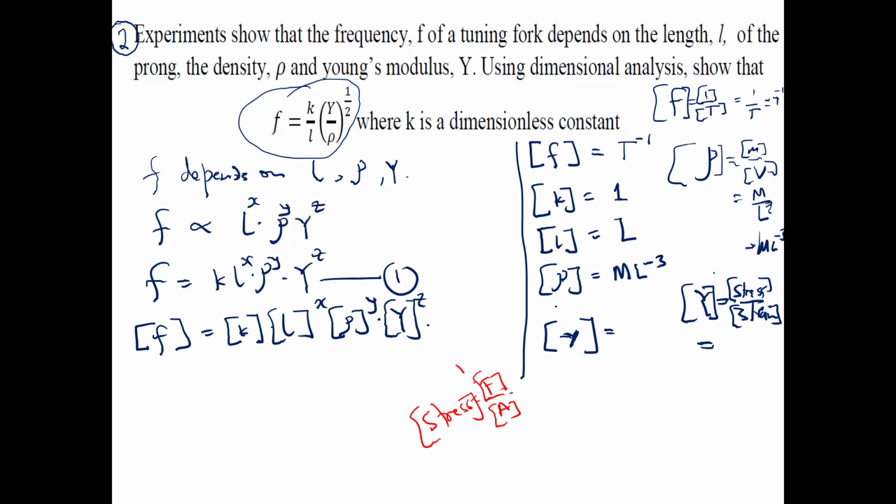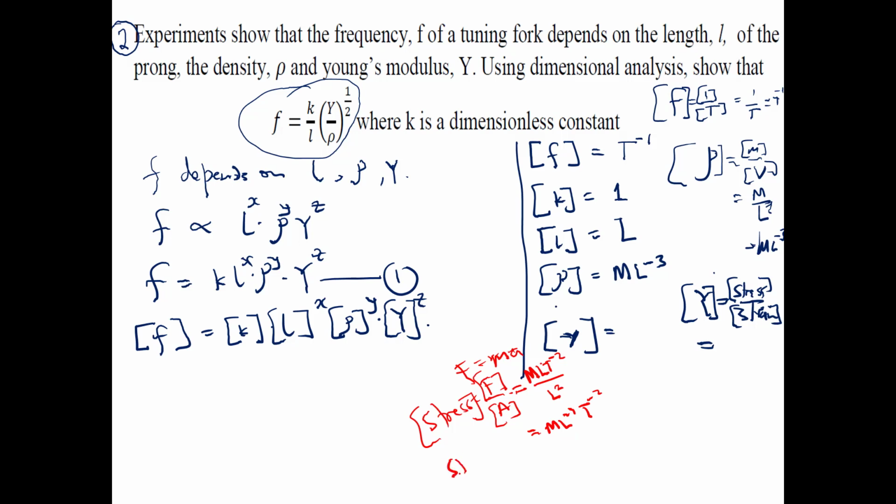And remember that force F is equal to MA. So the dimension of force here will be M L T power negative 2, divided by L squared, which will give us M L power negative 1 T power negative 2. So that is the dimension of stress.